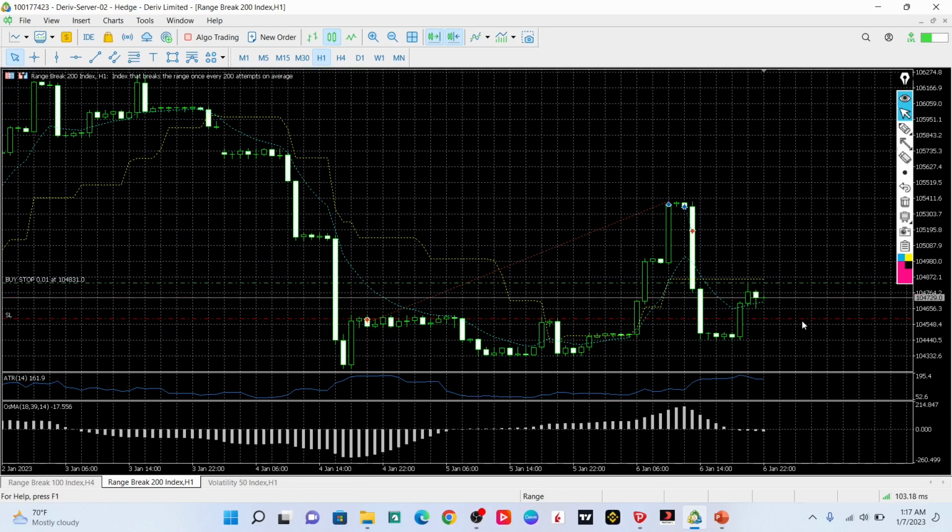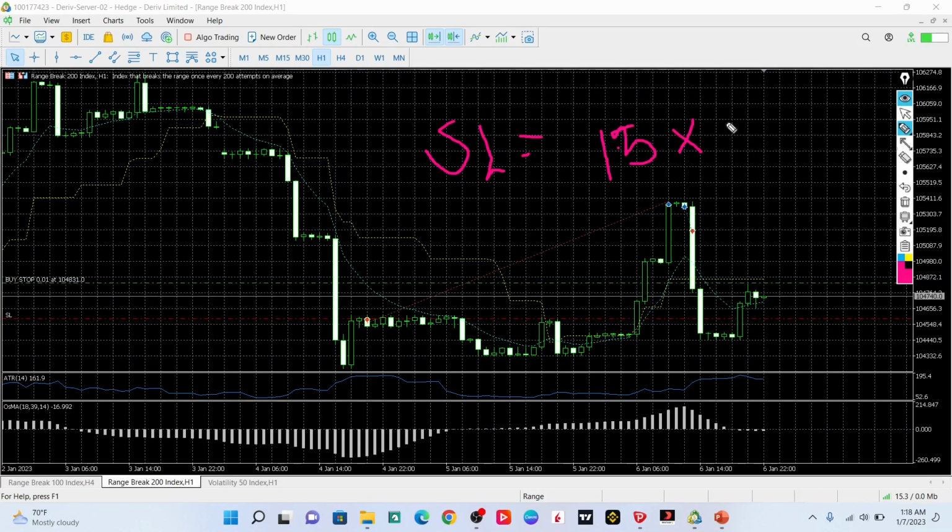So the stop loss is 1.5 times the ATR below the buy price. This is where you're buying from, and our stop loss is right here. So the formula is simple: the stop loss is equivalent to 1.5 times the ATR.